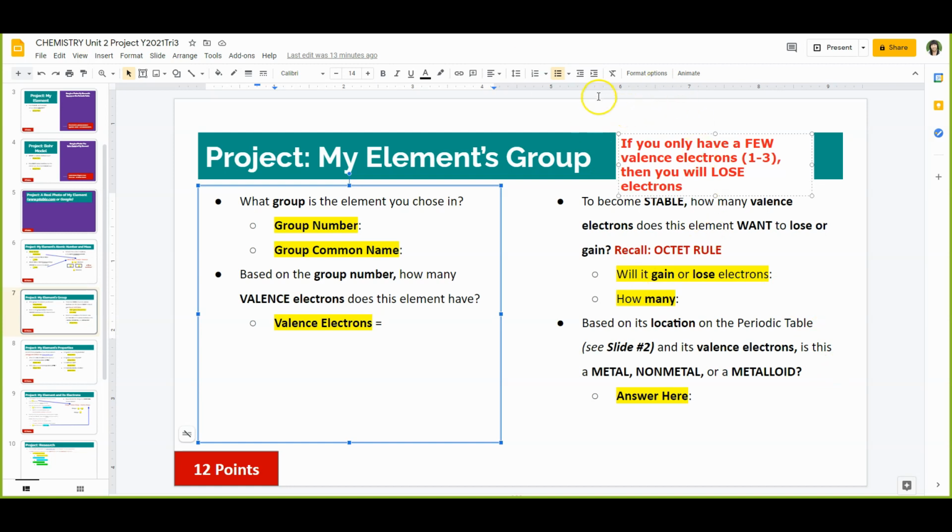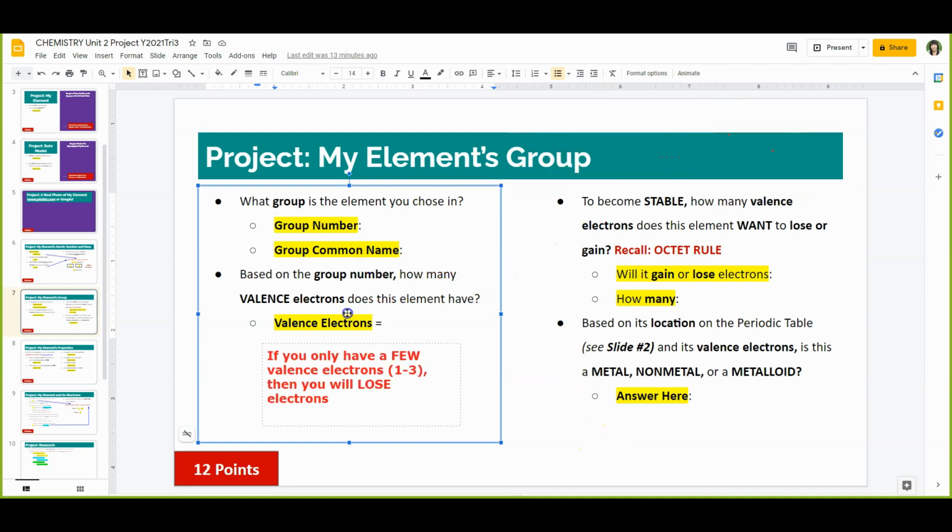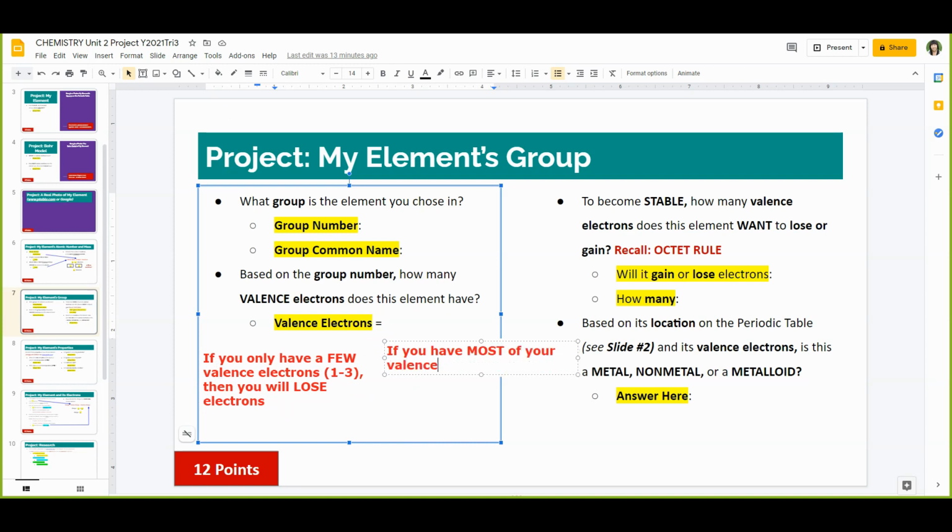On the other hand, if you have most of your valence electrons, remember most atoms want around 8, so most would be 5 to 7, then you will gain electrons to reach a total of 8, right, that octet. So again, the purpose of losing them is this way you can drop down to a full shell, right? To drop down to a full shell. And the purpose of gaining them is to fill up your current shell.